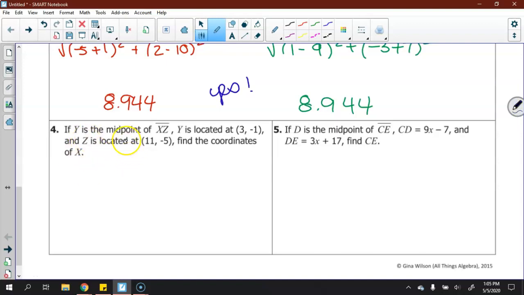All right, so for this one, you've got a midpoint, y, all right, and it's right here. All right, and then you've got one of the other endpoints. So I've got some x plus 11 divided by 2, and that needs to equal that 3 that I got over here.